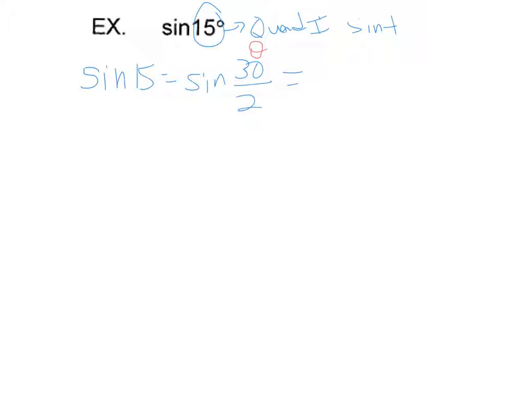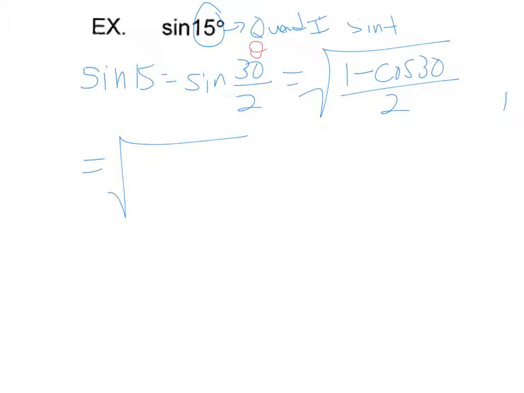The formula for sine is, and again it's positive, square root, and the top is 1 minus cosine theta, which is 30, over 2. And then on the circle, I look up the cosine of 30, and it's square root of 3 over 2. So I end up with big square root, and then 1 minus square root of 3 over 2, all over 2.